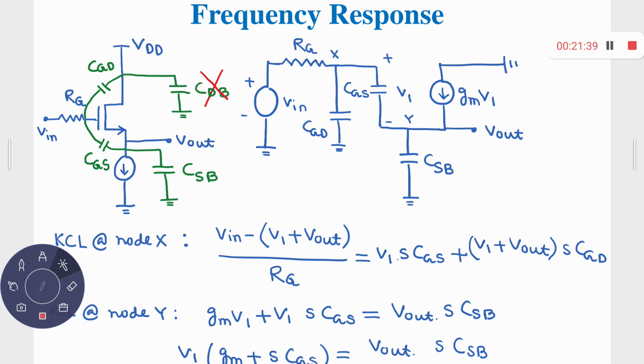What about CGD? Last time, in common source, CGD was experiencing the Miller effect, connected between the gate and the drain. That time, your gate was acting as the input and drain was acting as the output. But this time, drain is acting as AC ground. So CGD will be there between gate and ground.